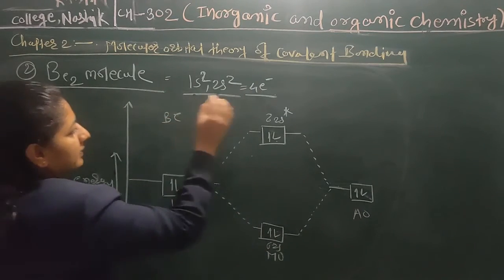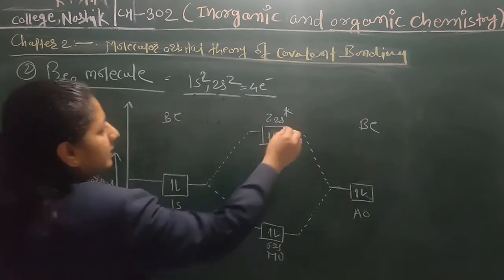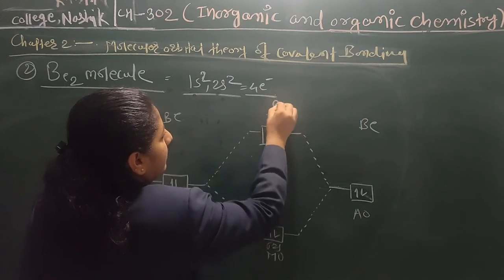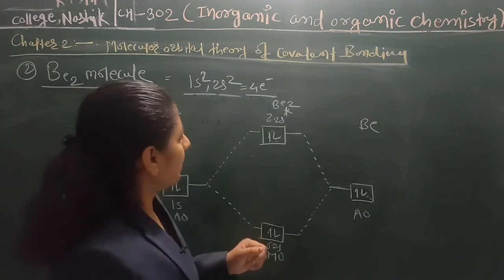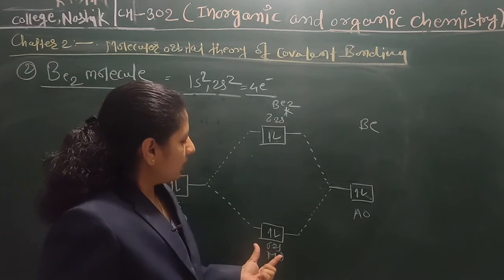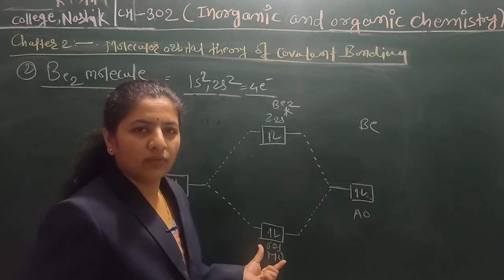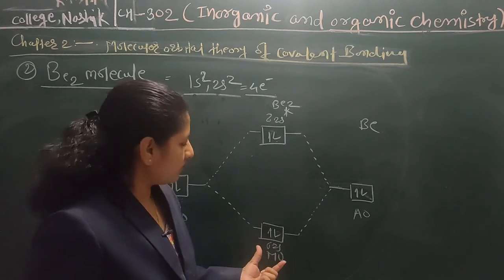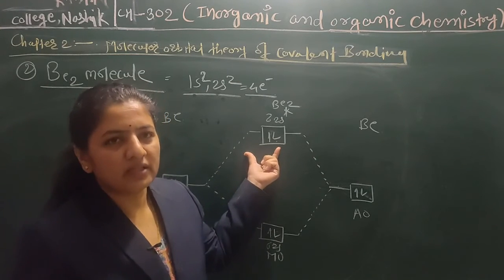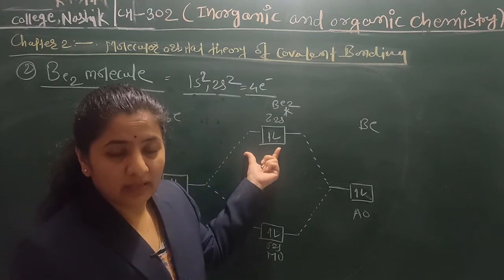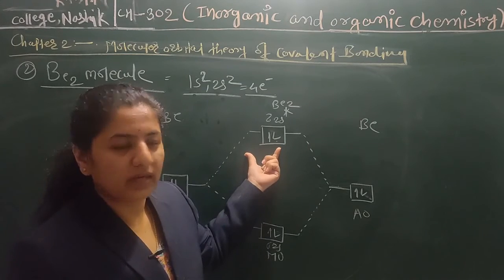This is one beryllium atom, that is the second beryllium atom, and this is the formation of the Be2 molecule. So here there are 4 electrons. Out of 4 electrons, 2 electrons will enter the sigma 2s orbital, and 2 electrons will enter the sigma 2s star orbital, that is an antibonding molecular orbital.